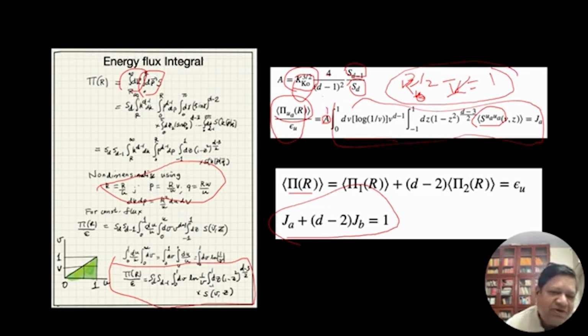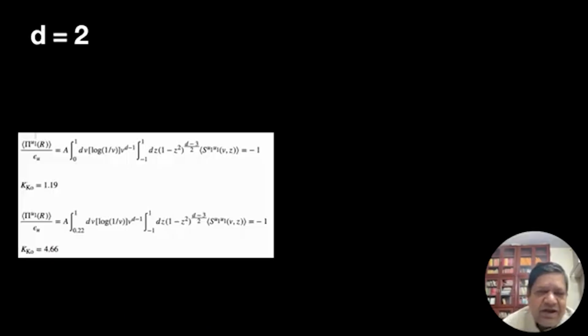It turns out, but I forgot to say, that this integral is convergent. This integral is a finite number. So there is no ultraviolet or infrared divergence which plagues some field theory calculations. This is finite. And we can solve it, and we can get the Kolmogorov constant.